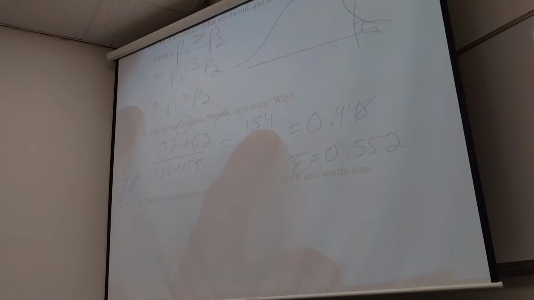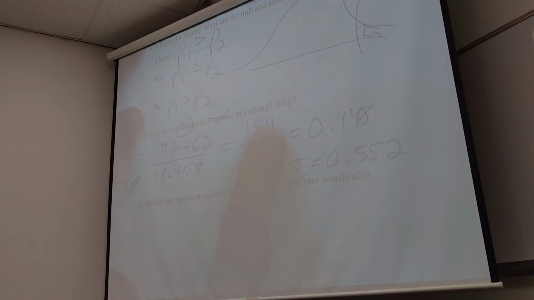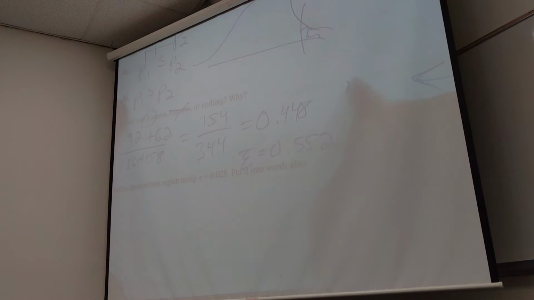Or just do 344 times 0.448. Of course you're going to get 154. And Q bar is going to be the rest, 190. So if you do the work for Q bar and P bar, I get bigger than 5. What does that mean? Normal. Normal enough.